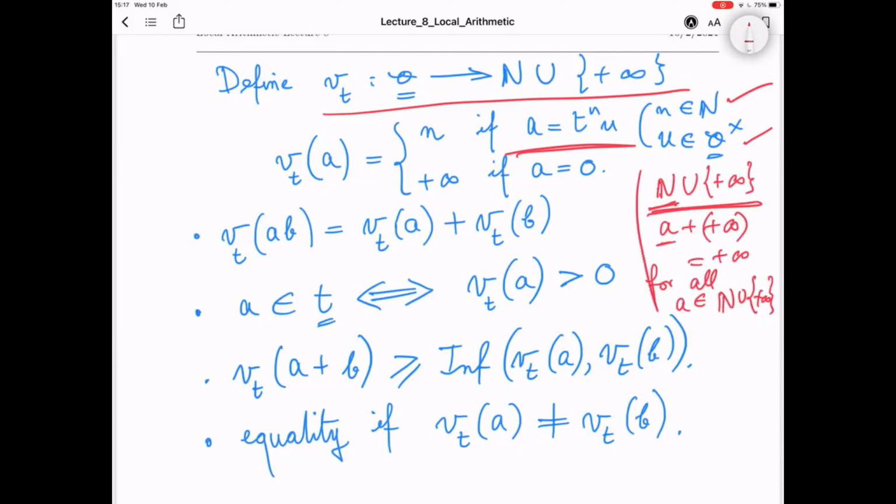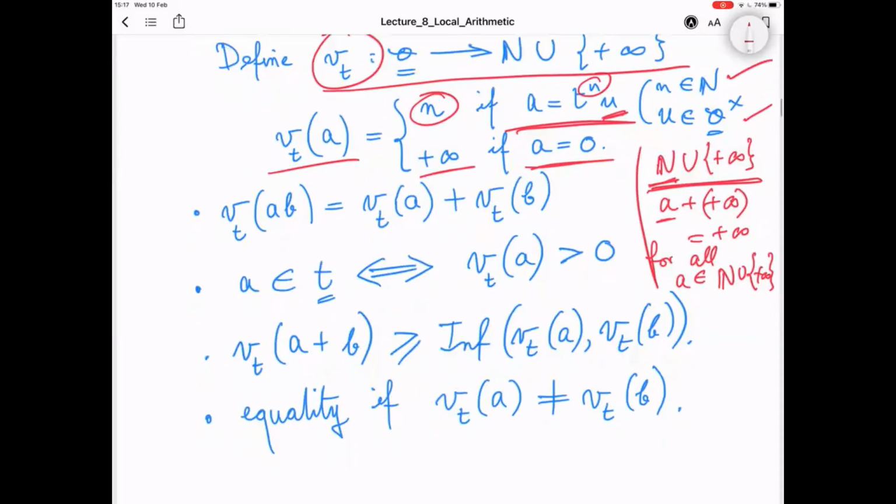This is the convention. So this is a monoid, and vt gives you the exponent of t if a is non-zero, and therefore you can write it as t to the n times some unit. But if a is equal to 0, you define vt of a to be plus infinity.